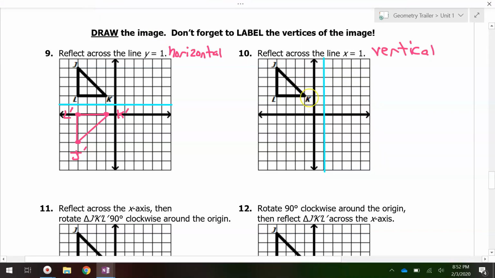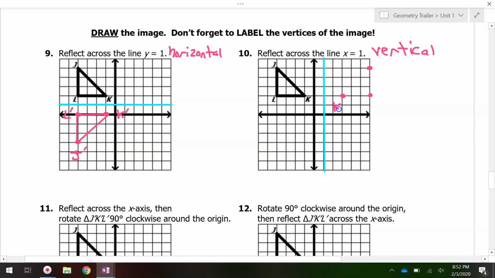So again, I'll do this visually. K is 2 units to the left, so K prime will be 2 to the right. L is 5 units to the left, so L prime will be 5 units to the right. And J is 5 units to the left, so J prime will be 5 units to the right.